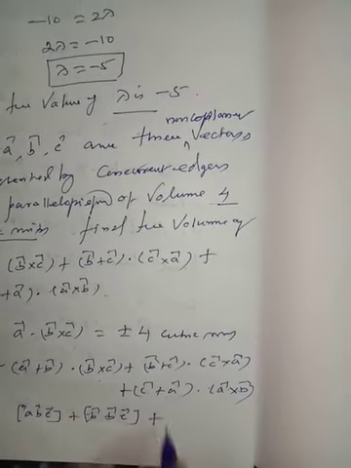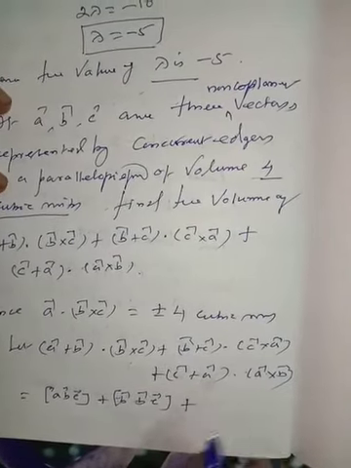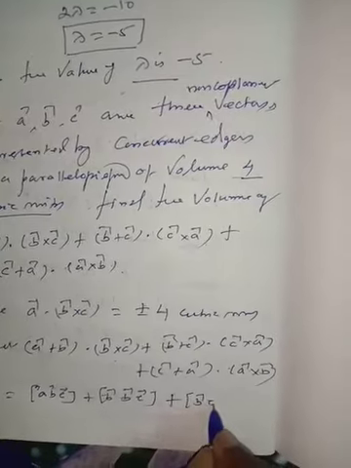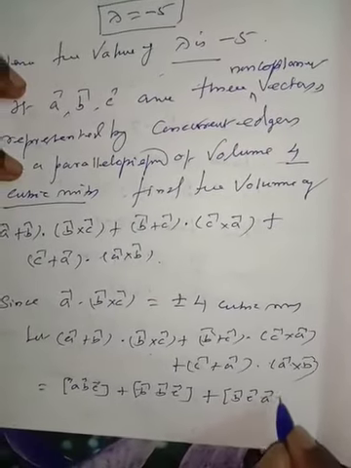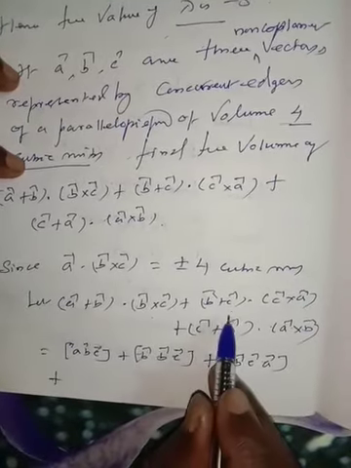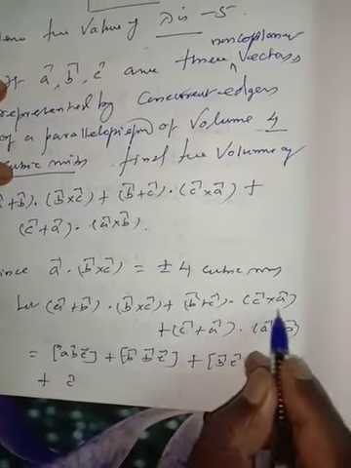Next multiply b dot (c cross a). That is the box product of b, c, a, plus c dot (c cross a).